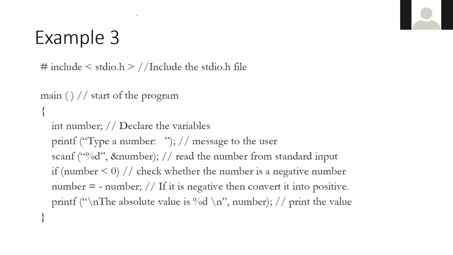But if it is not positive, if it is below 0, then it will print it as a negative number. Macam terbalik je. Ada jawapan lain tak? Is there any other answer? Sebab bunyi macam terbalik je awak cakap tadi.